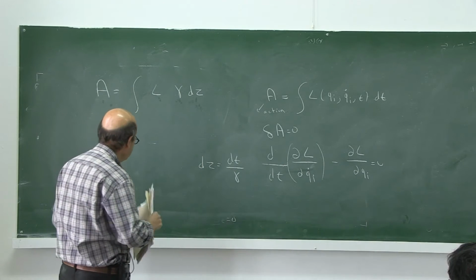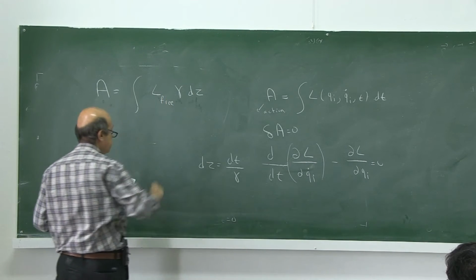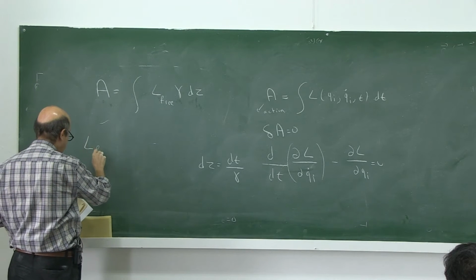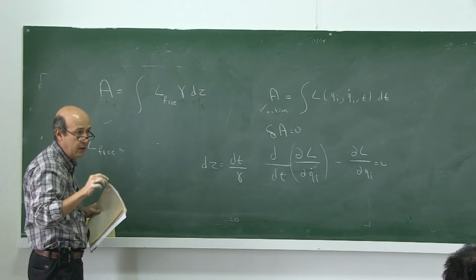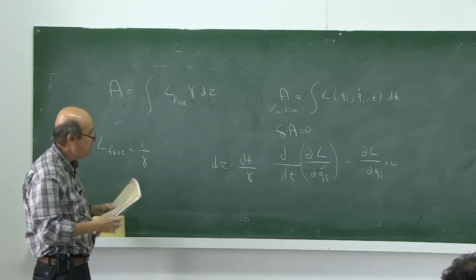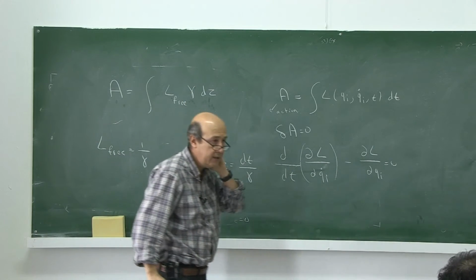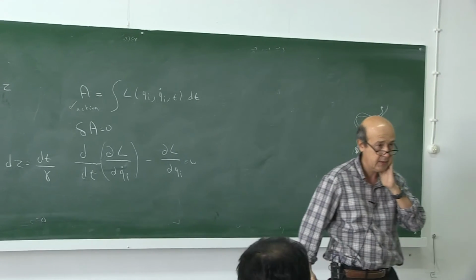So for the free Lagrangian, with no electric field and magnetic field interaction, you can guess that your Lagrangian should go as some one over gamma, because we can cancel this. The other thing is, what tools do we have as a Lorentz invariant?